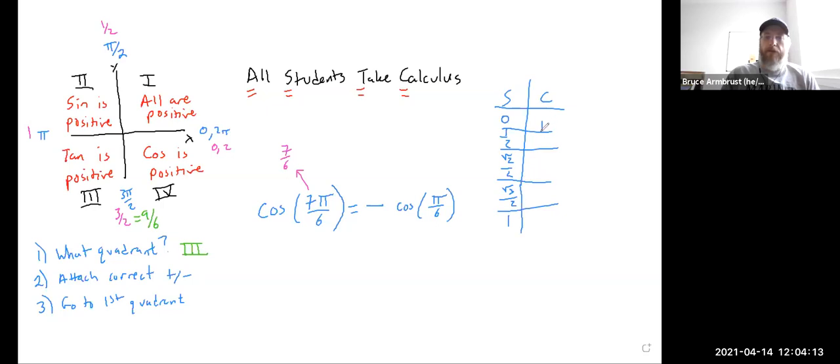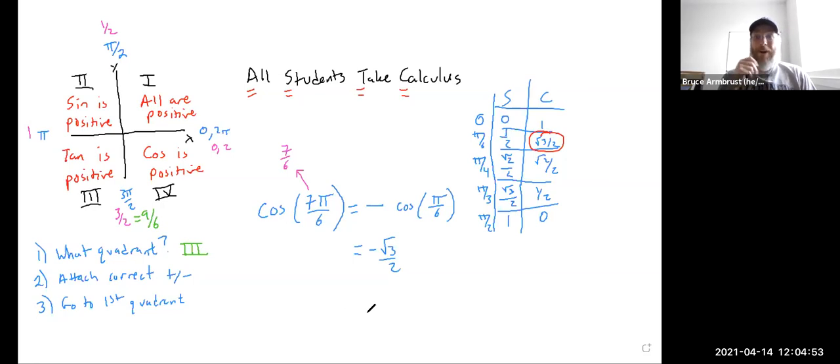So the cosines do the reverse. So the question is, which one is pi over 6? All right, well, let's start with 0. And you're going to get these down pretty fast. It goes pi over 6, pi over 4, pi over 3, pi over 2. So cosine of pi over 6 is root 3 over 2. So that means that the cosine of 7 pi over 6 is negative root 3 over 2.